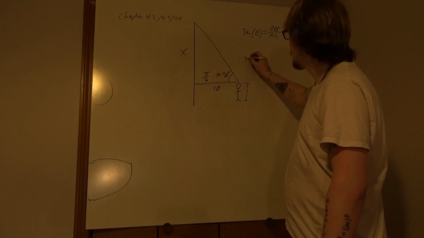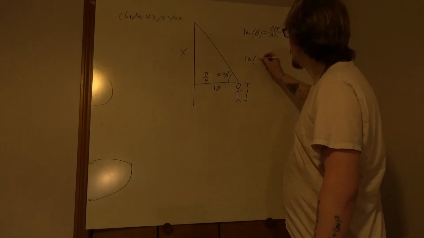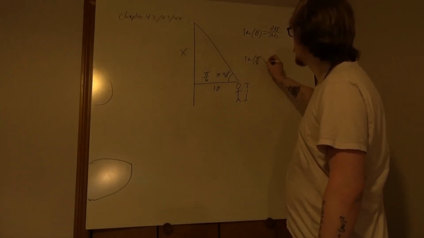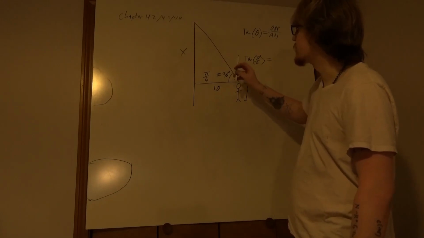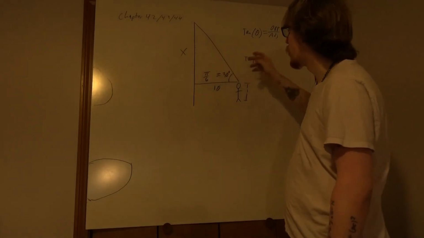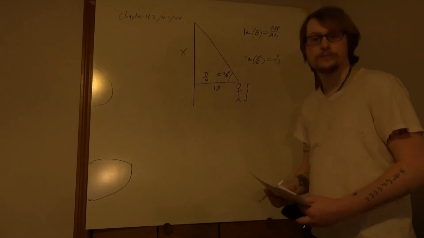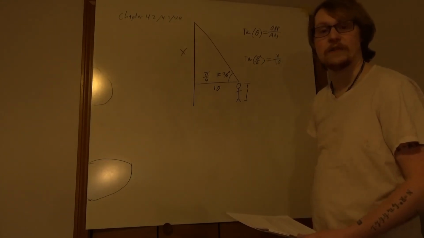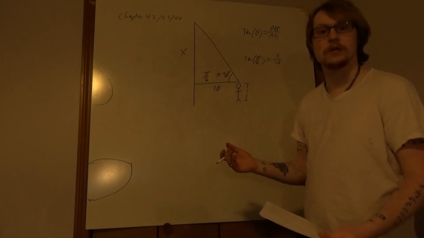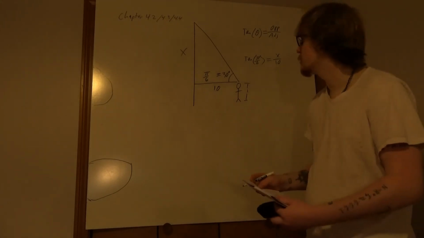So now we see that tangent of pi over 6 is going to be exactly opposite over adjacent, which is x over 10. And now we have to figure out actually what is the tangent of pi over 6.